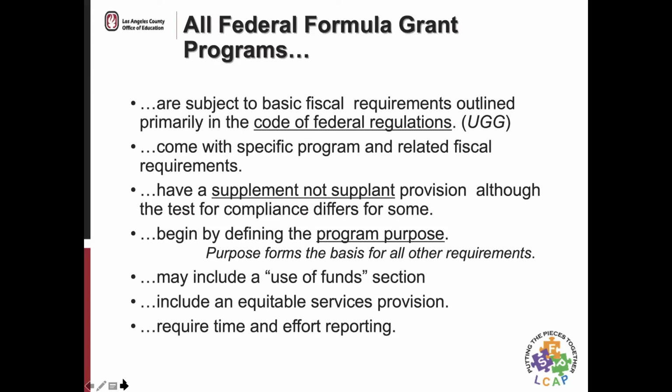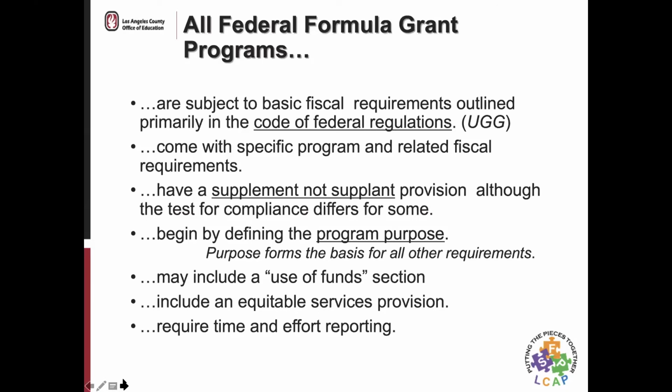So for example, Supplement, Not Supplant applies to all federal programs. However, it's applied differently to different programs, particularly under ESSA. So starting back and looking at the intent and purposes of the program can really help you determine if you're meeting all the requirements. But again, Uniform Grants Guidance and Code of Federal Regulations are the overarching requirements, things you can and can't do.